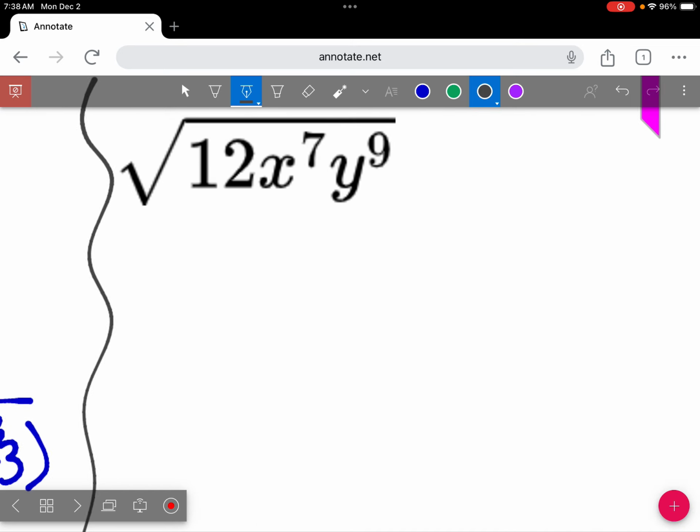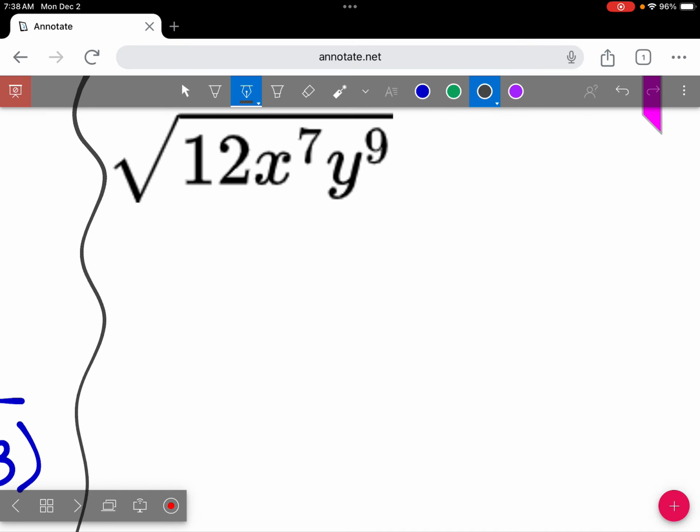All right. So now let's look at this one on the right that has a gabillion different things. I've got my square root of 12, x to the 7th, y to the 9th. So the first thing I'm going to do, because it makes things easier, is split it up so my 12's in one radical, my x is in one radical, and my y is in a different radical.